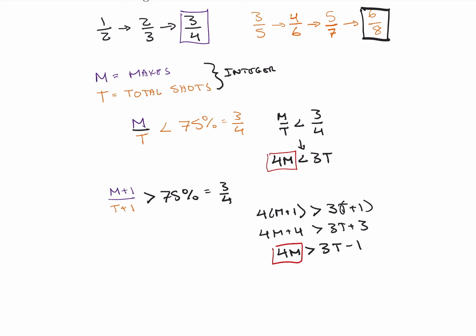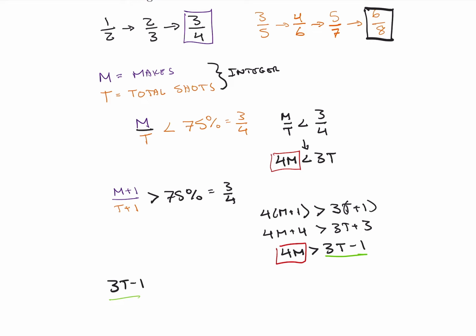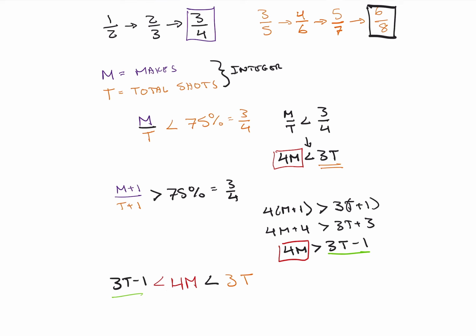If I reorder this, I have 3T minus 1 less than 4M, and that 4M is less, once again, than 3T. So I have 4M is less than 3T, but it's also greater than 3T minus 1.